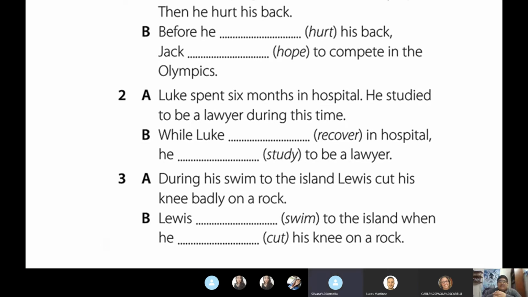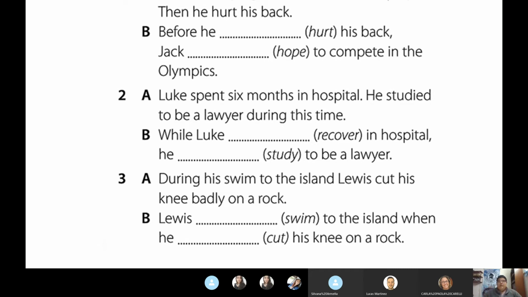Yes, that's correct. While Luke had been recovering in hospital, he had been studying to be a lawyer. There it is. Okay? Two actions in progress. That is the idea in this sentence. Let's see the next one.